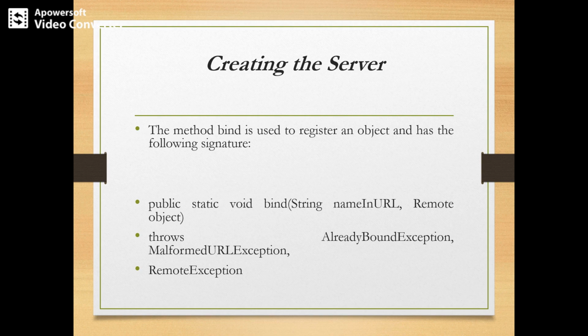Such a registry is provided in the form of the class java.rmi.Naming. When creating a server, naming is required in the network before registering, and after that we should bind it to the network.